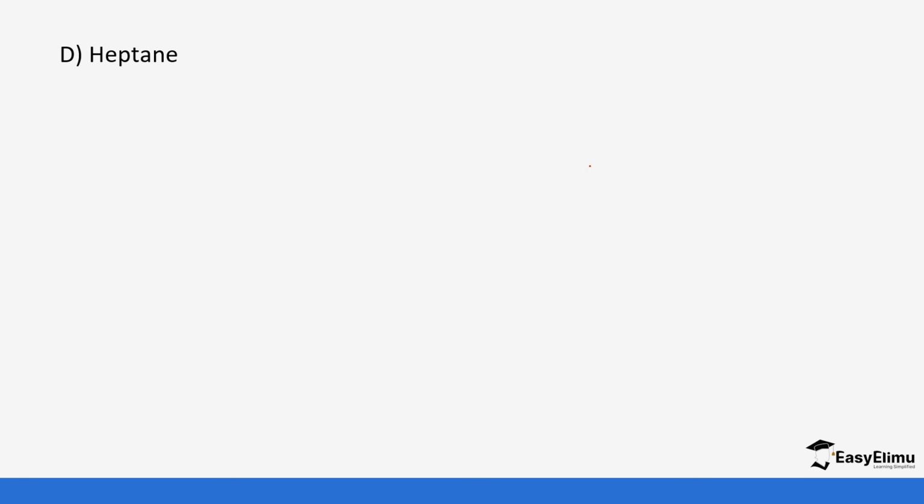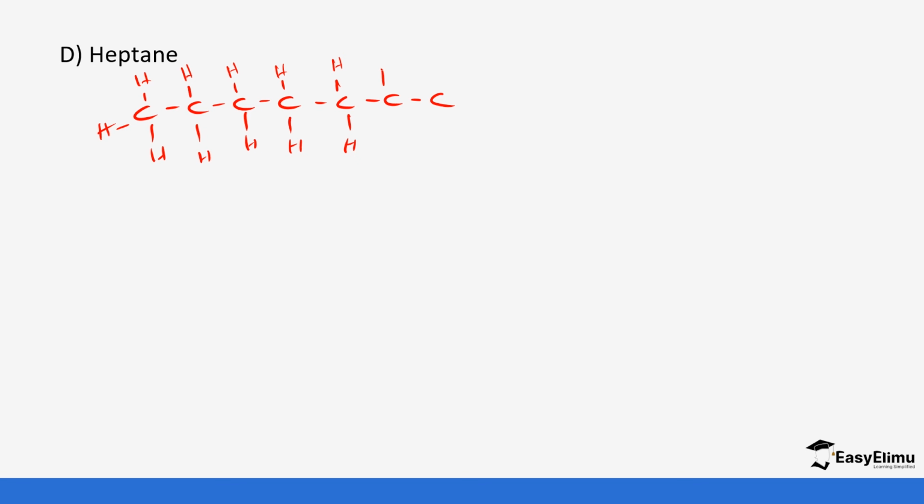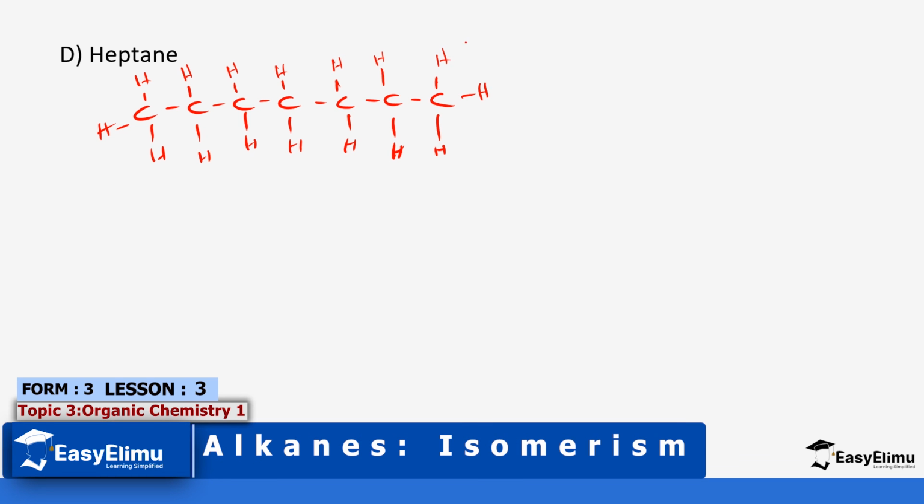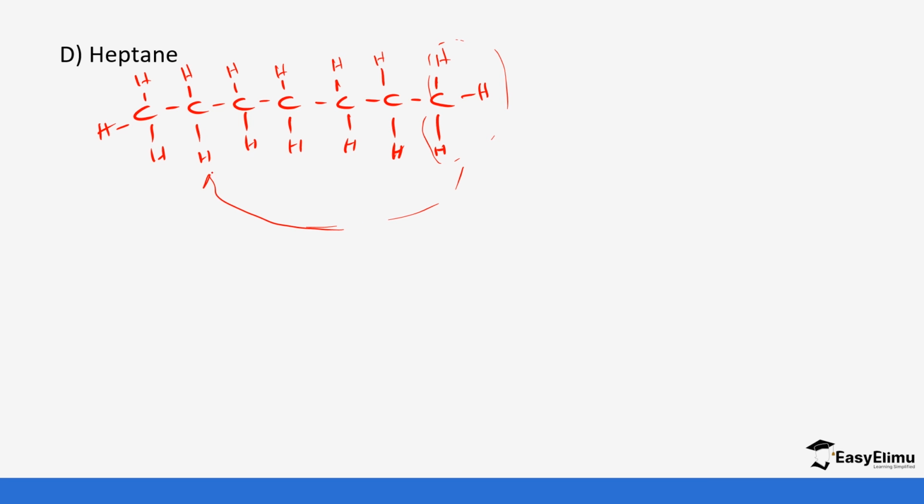And then we go to heptane, that is 7 carbons. So we put the hydrogens. So we can move this CH3 and you can put it, now we move it to this carbon.